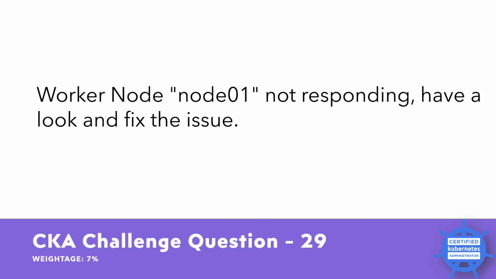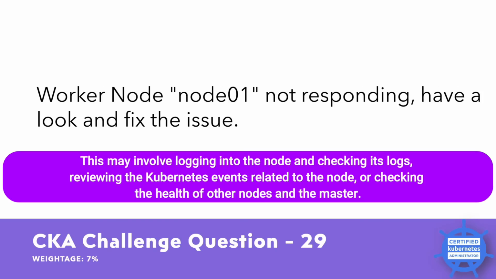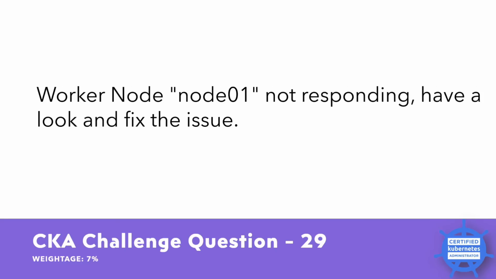To fix the issue, the specific cause needs to be identified and addressed. This may involve logging into the node and checking its logs, reviewing the Kubernetes events related to the node, or checking the health of other nodes and the master. Once the root cause of the problem is identified, there are several steps that may need to be taken to resolve it.